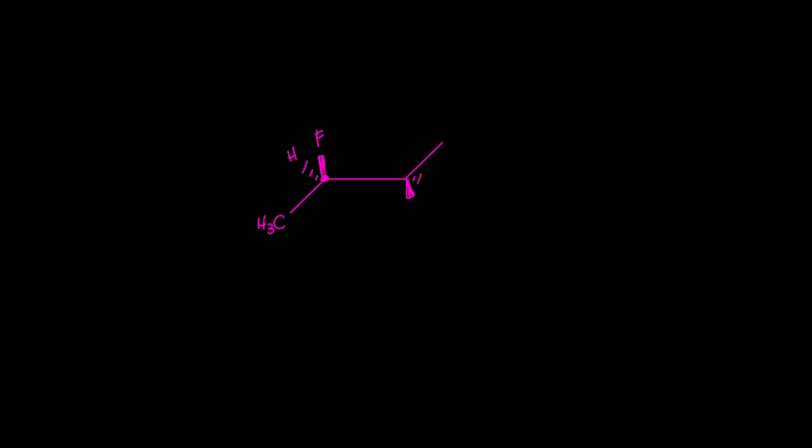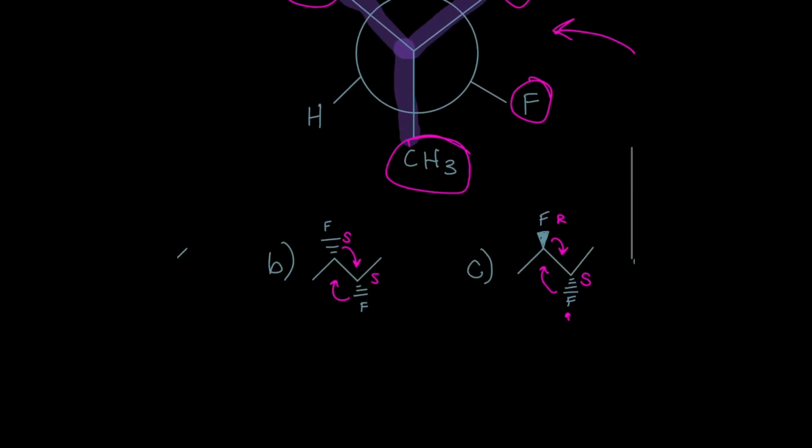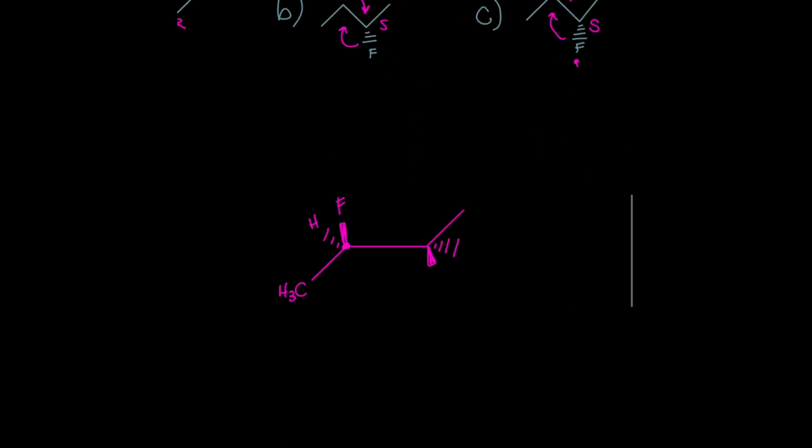And then this is going to be our dash right here. Sorry, I was looking at the other thing. So what's on our wedge? The fluorine is going to be on our wedge.